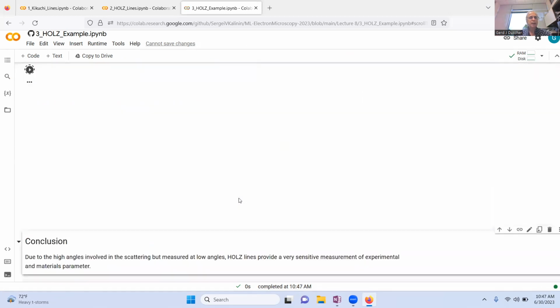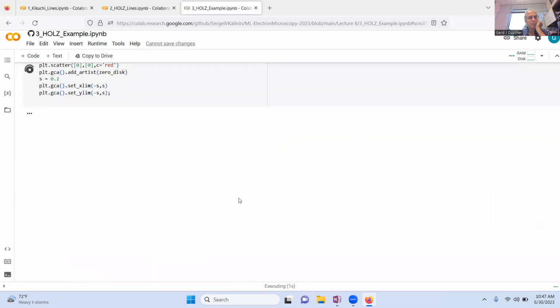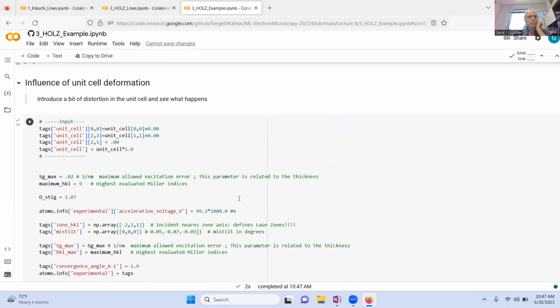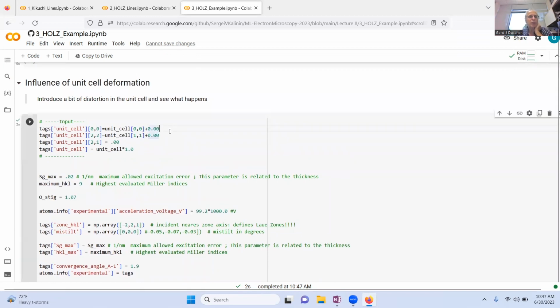So let's look at a unit cell. And in the input, we now add some amount of distortions. The distortion in microscopy is defined on the unit cell.